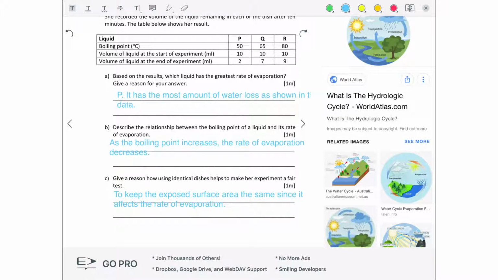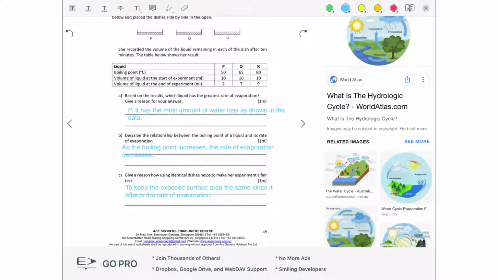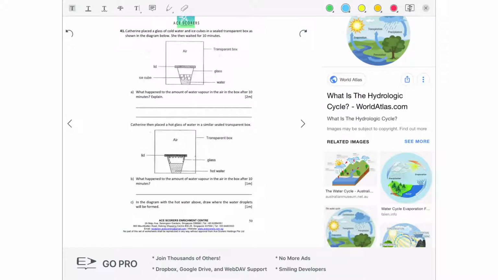So identical dishes help to keep the exposed area the same, because it is a factor that affects the rate of evaporation.